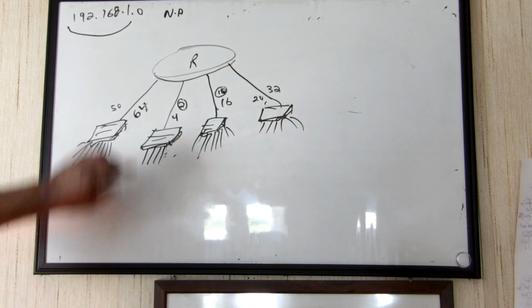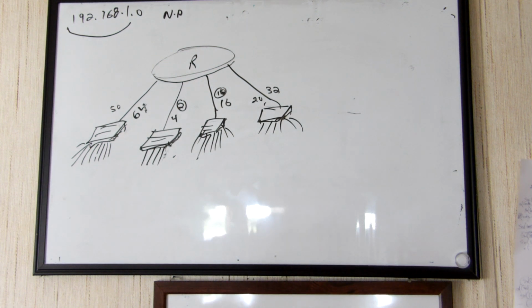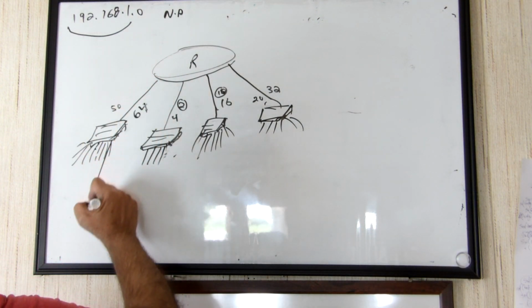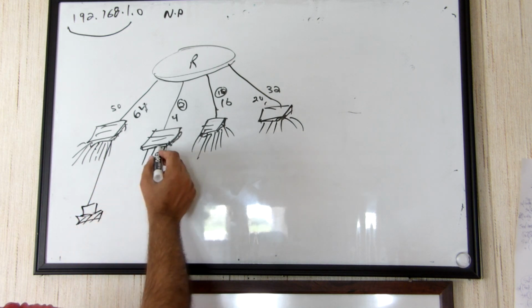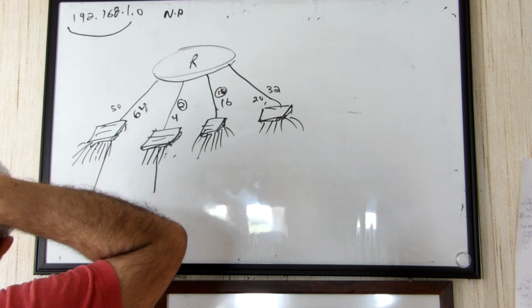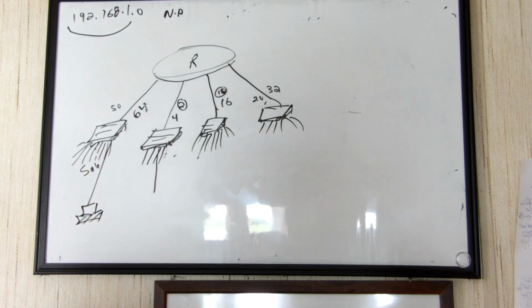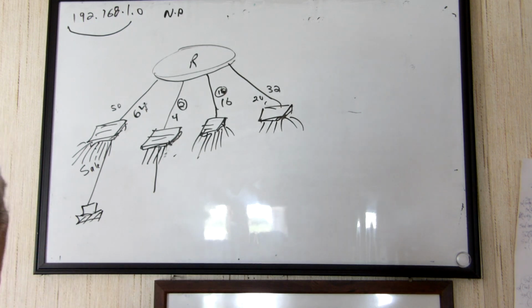And then all of these are going to have a default gateway. Suppose there is a computer connected, one of the sales department computers, one computer here, and we can write the IP address and default gateway.